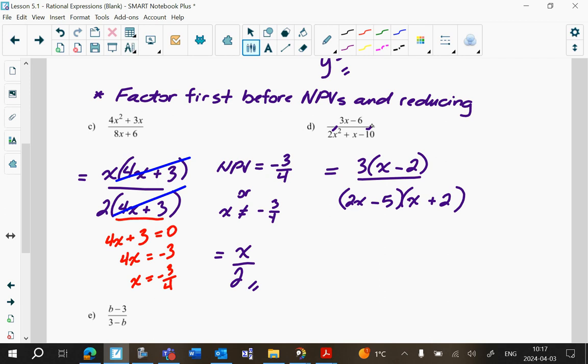I got to multiply the outside and the inside. What do I get when I multiply 2x by 2, or x times negative 5? Negative 5x, together make negative 1x. I need positive 1x. Flip the signs.